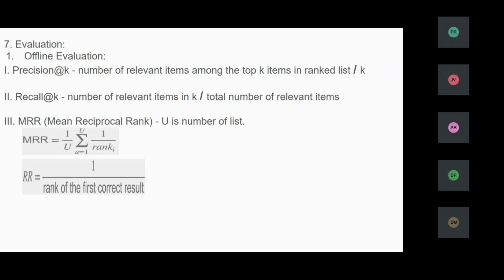Depending on the first correct result appearing in each of those 5 lists, the reciprocal rank of all of them will be calculated and summed, then multiplied by 1 over U, giving us the MRR. As the MRR ranges between 0 and 1, having an MRR of 1 or closer to 1 is a good metric to have.